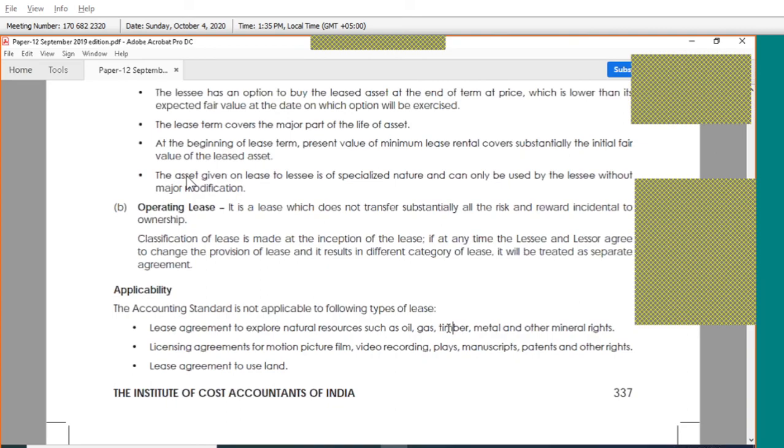As I said, this is called a special type of lease. Lessor will be there and lessee will be there.